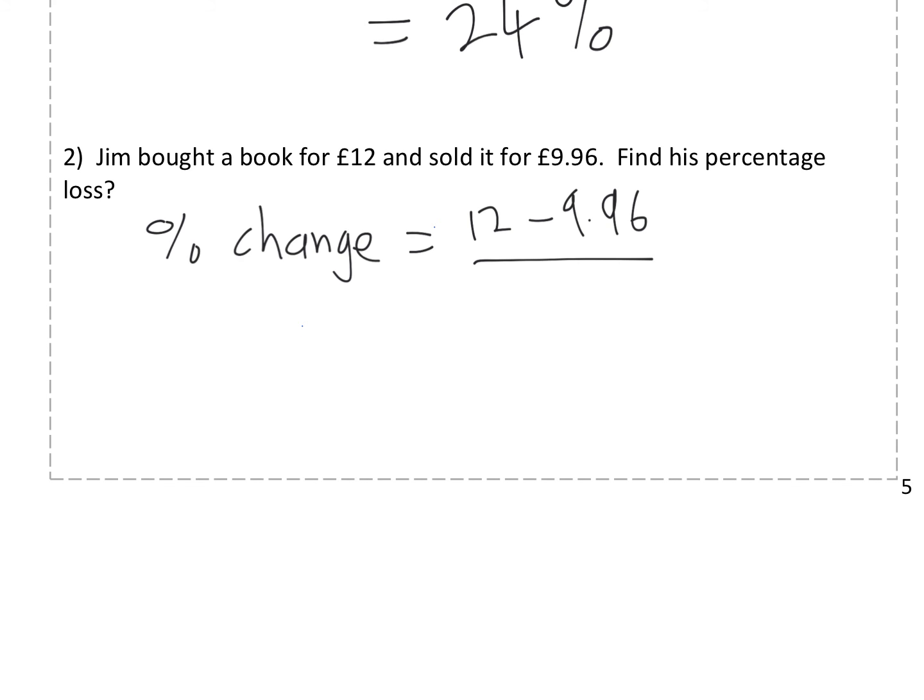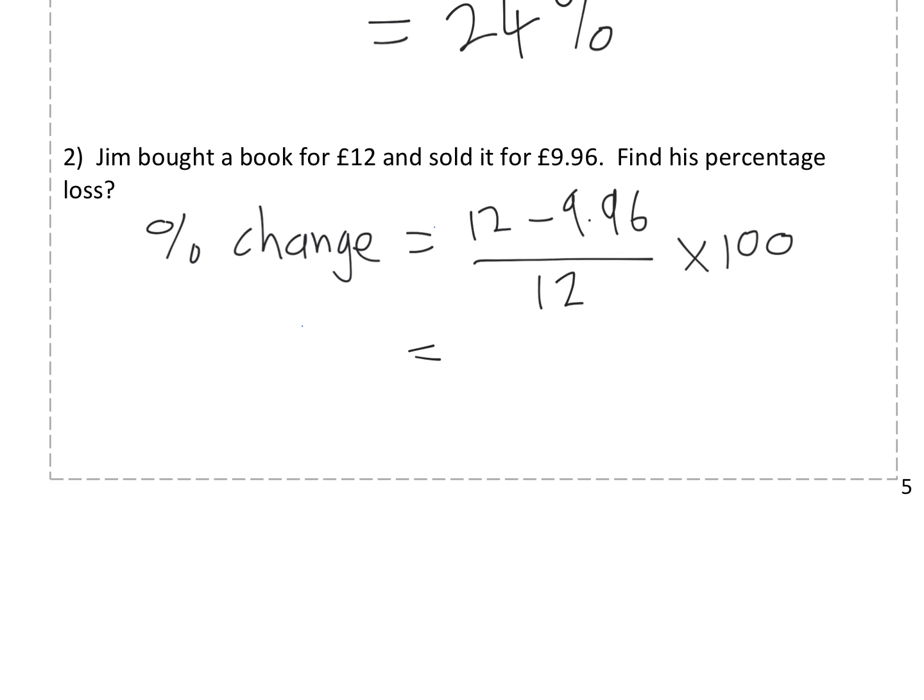You can write the subtraction or the answer to that. Actual change doesn't make a difference. You divide that by the original price. Now, it was bought for £12. £12 is the original price, or the buy-in price. So you divide by that original number, and then you change that fraction into a percentage by multiplying by 100.